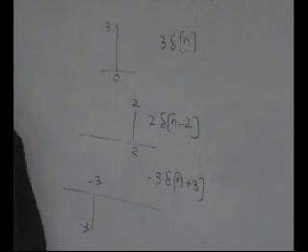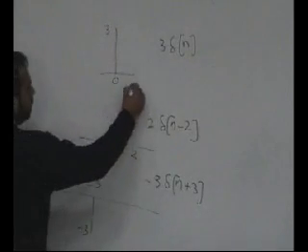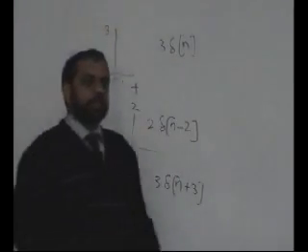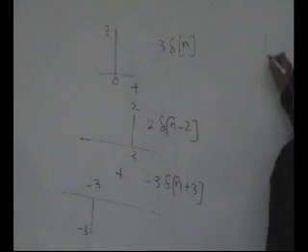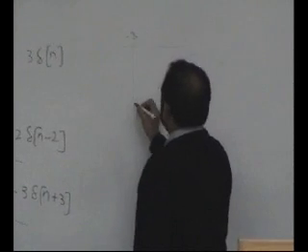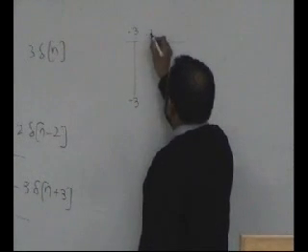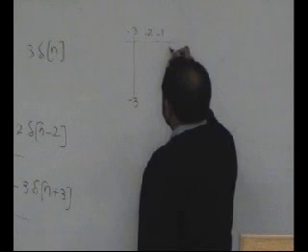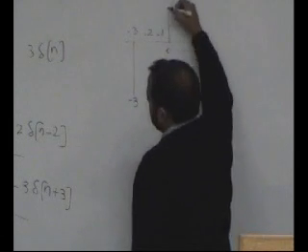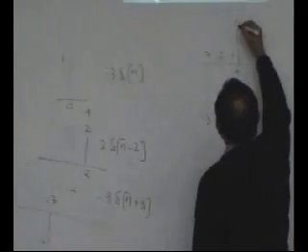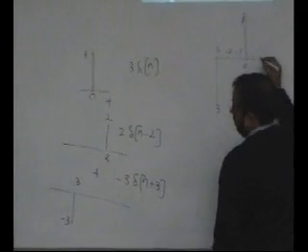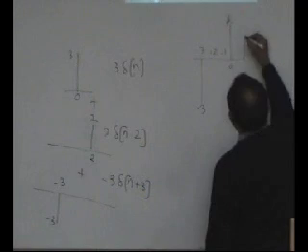If I add all these together, and remember the addition is on a sample by sample basis, you get something which is minus 3 at minus 3, then minus 2 it is 0, minus 1 it is 0, at 0 it is 3, at 1 it is 0, and at 2 it is 2.